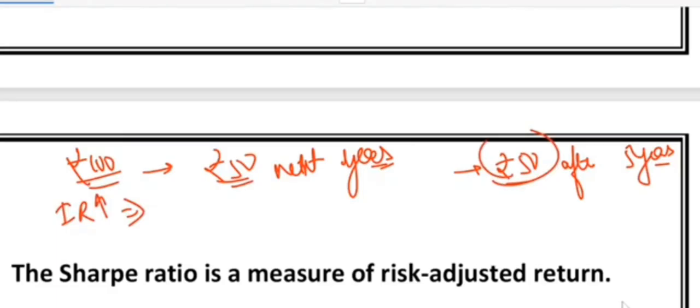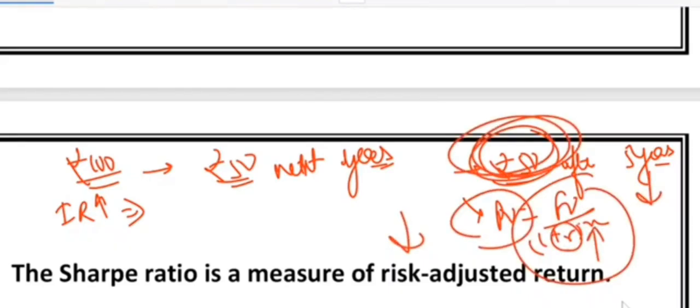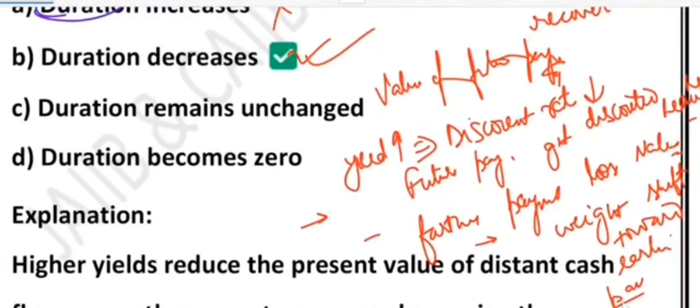So obviously your duration will get lower. Why is it worth less? Because if you calculate the present value, it is future value upon (1 plus r) to the power n, right? So if the interest rate is increasing, this is increasing, so present value is decreasing, so the worth of this 50 rupees is very less. So the duration shifts toward the earlier value. That's why the duration of the bond decreases. It means you can recover the amount early, right? So that's why option number B is the correct answer here.